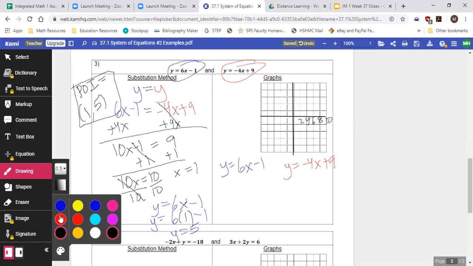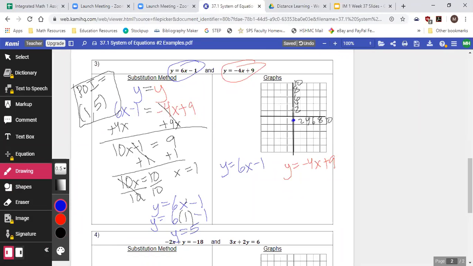So starting with the blue equation, we have 6x minus 1. So I start at -1 as my y-intercept. I go up 6. So 1, 2, let me label my y-axis first. Okay, so now that the y-axis is labeled, I'll go up 6.